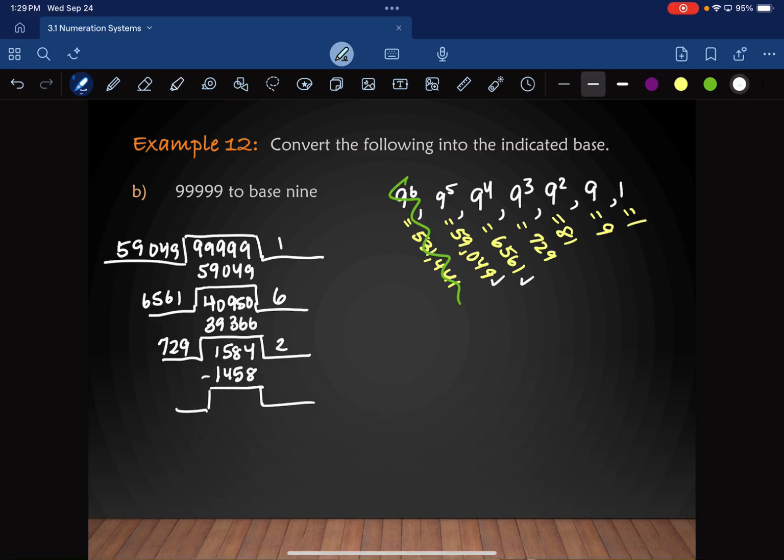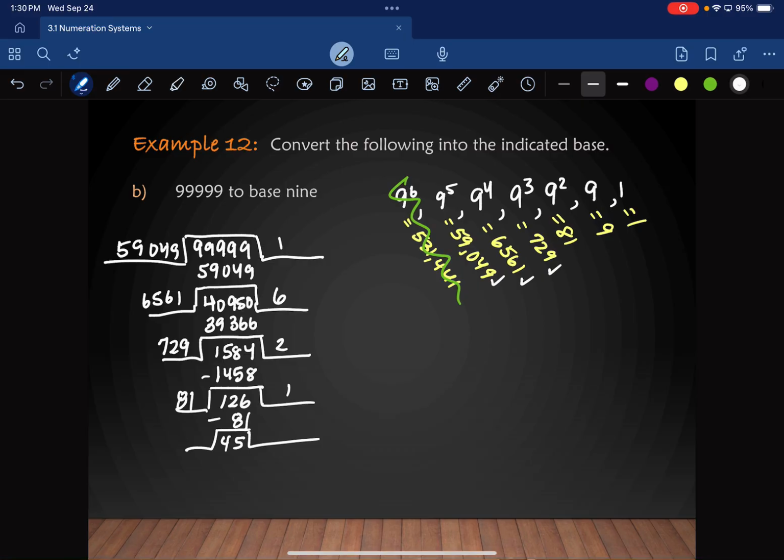What do I get when I subtract? So 126? Is that working okay? Okay. And then I divide by 81. So how many 81s? Well, there's only one 81, so we'll subtract 81. Let's see, that leaves me with 45.